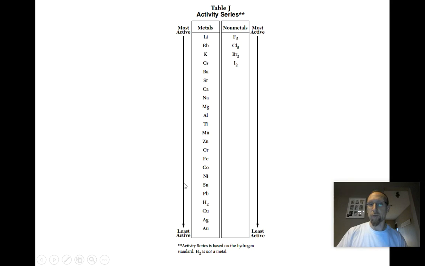We used to use aluminum, and a lot of the Levittown houses used to have aluminum wiring in them, but look where aluminum is on the activity series. It's higher up, so aluminum is more reactive. Over time, the aluminum wiring in your wall would corrode, and then the resistance would increase, and you would get electrical fires. It was a big issue.